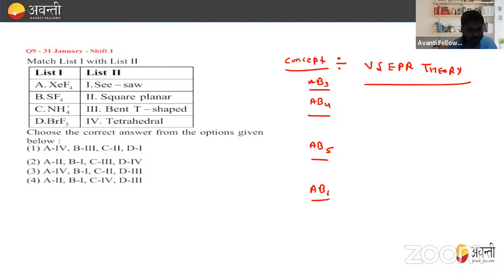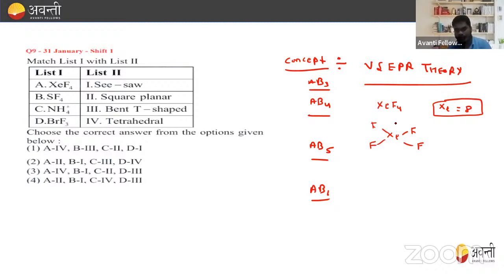Now, if I am talking about XeF4, right? We all know that in Xe we have how many valence electrons? 8 valence electrons, right? Xe has 8 valence electrons. Now, out of these 8 electrons, 4 electrons are engaged in bond formation.